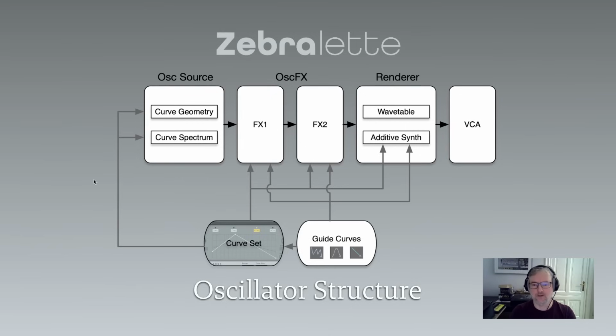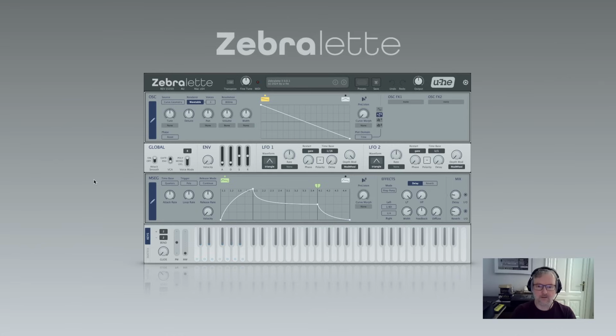And in the additive synth, you can actually create a curve that describes how the spectral distortion detunes the harmonics, right, between the fundamental and one octave higher. That's crazy stuff. And with that, I would like to conclude this first brief overview of Zebralette 3.